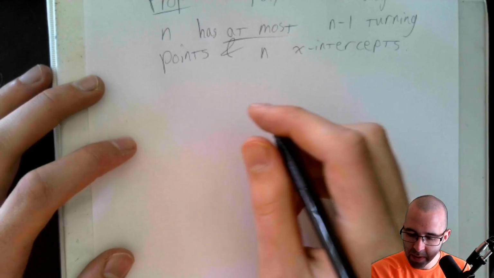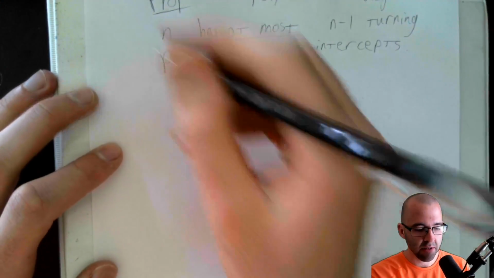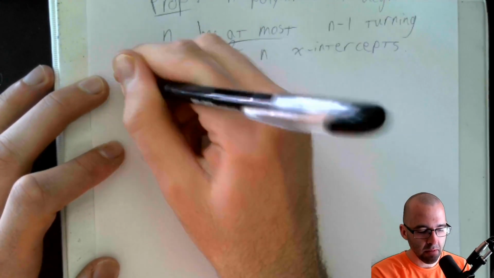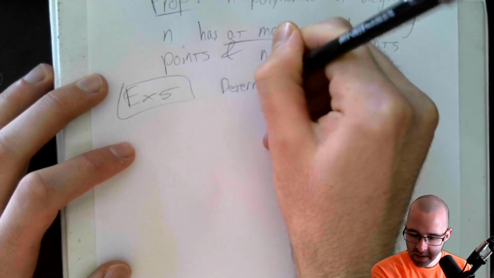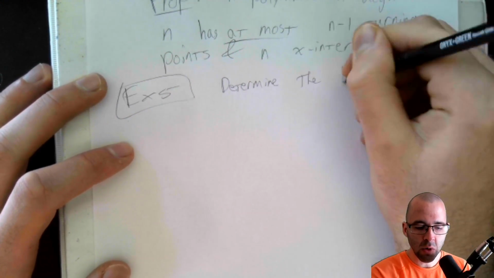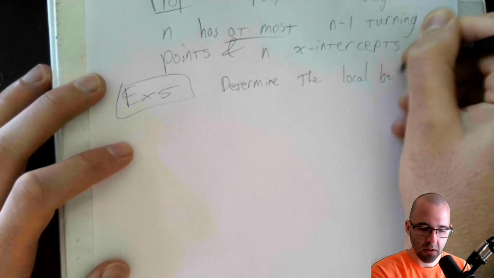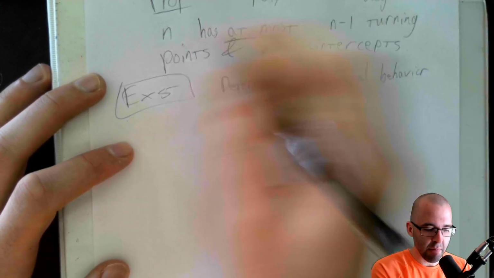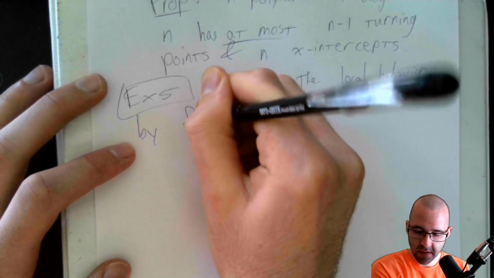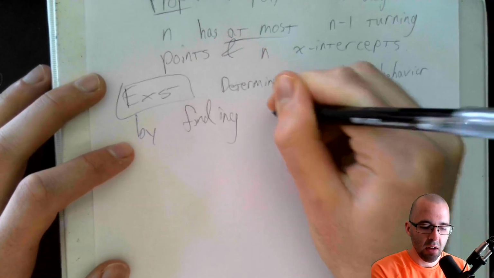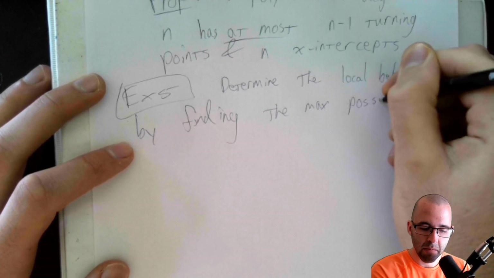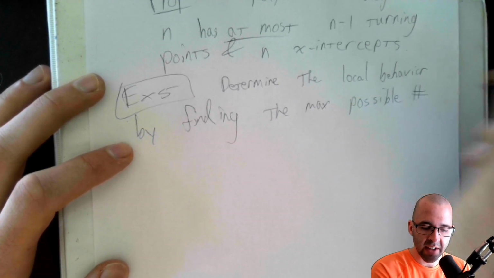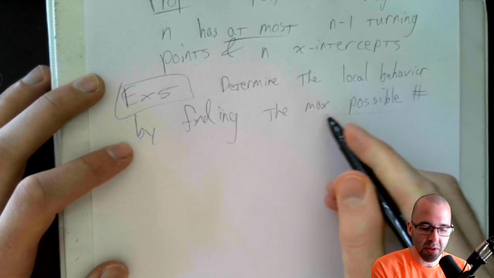So let's go into an example. Example 5. Determine the local behavior by finding the max possible number. Again, that's important: max possible number.